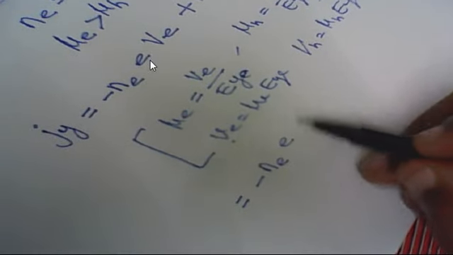So if we substitute the values of velocity of electrons and velocity of holes in the Hall field direction into the current density, substituting Ve and VH, we get Jy equal to minus Ne, the charge, into mu e Ey plus NH e mu H Ey.